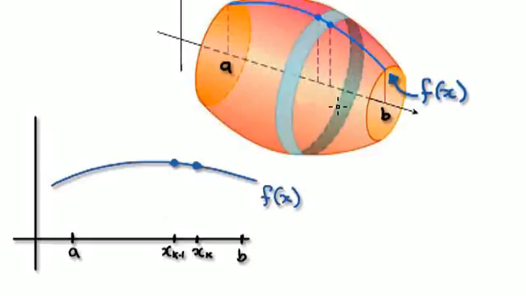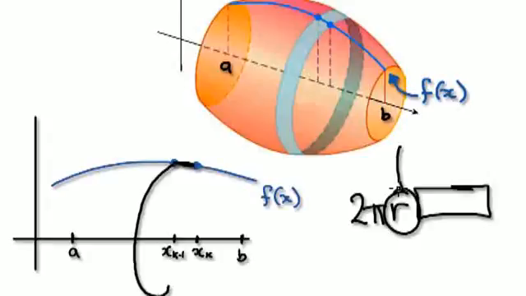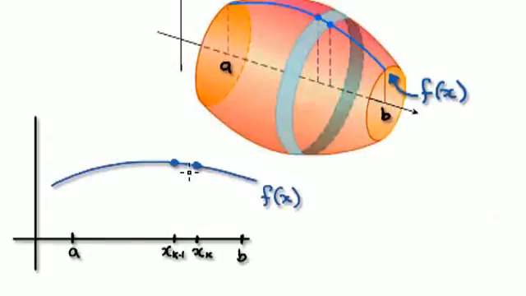Well, the point is that once you've got your arc length, let's just say the arc length is this block here. We're going to times it with 2 pi r. But the thing is, which r do you use?